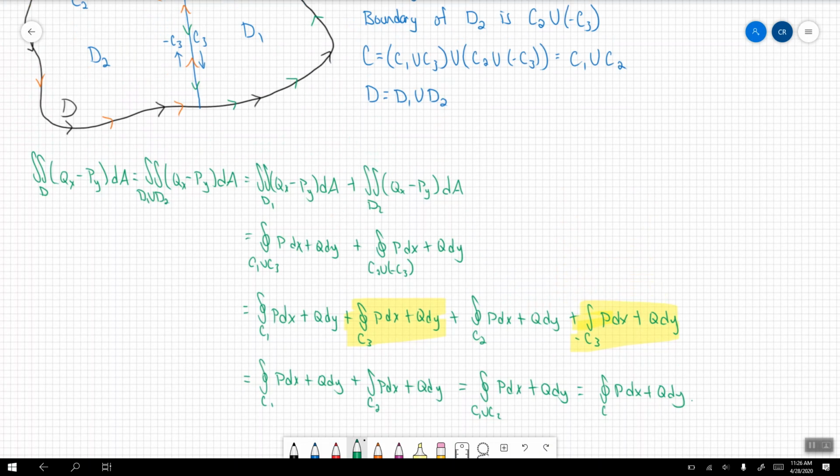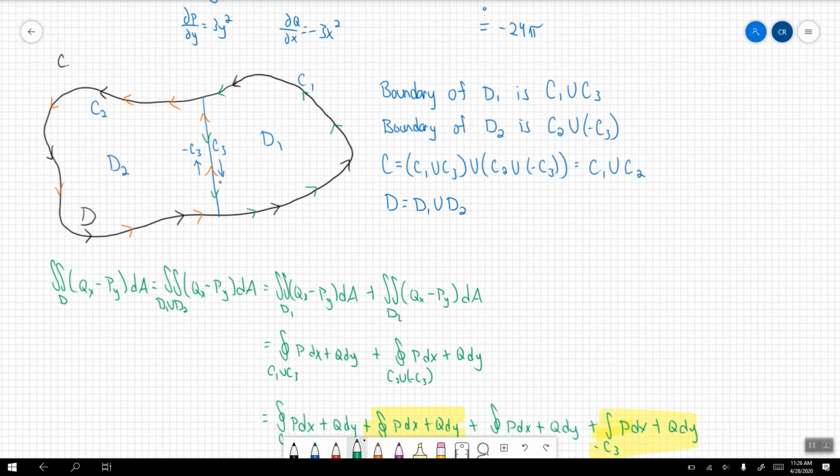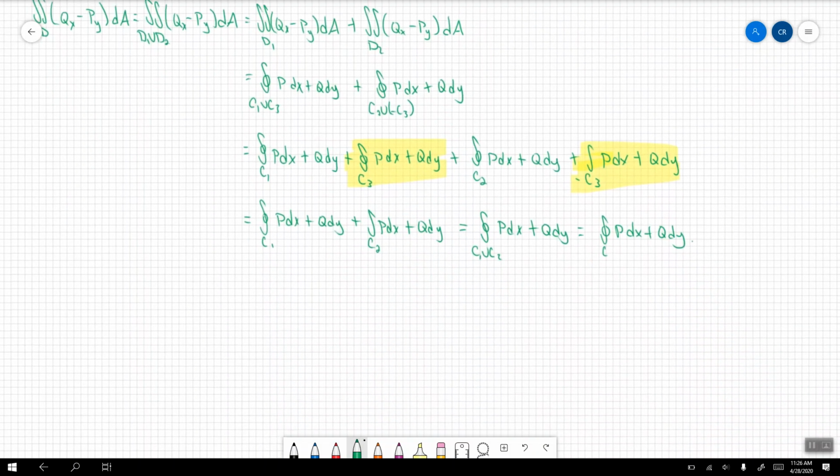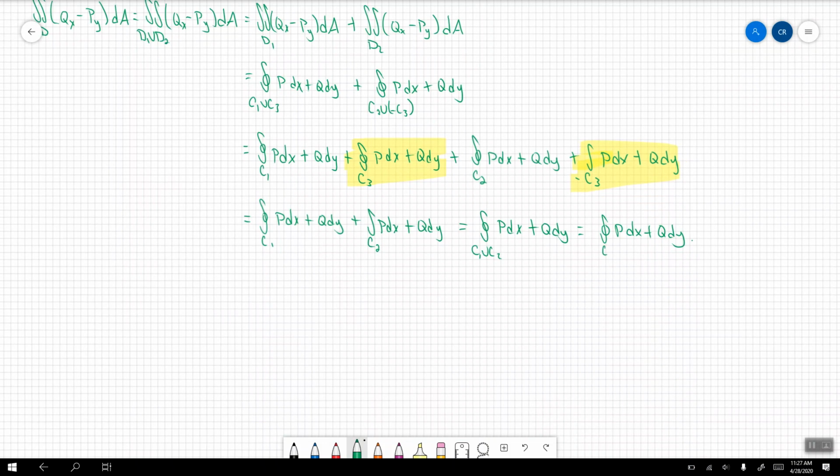So it doesn't matter how many times we subdivide this initial region. This work shows that we can keep on subdividing as many times as we want, and we're still going to get the desired result by integrating on the outer curve. And that's what this result says, which again is very beneficial for what we have to do. All right, awesome. It's looking good so far.